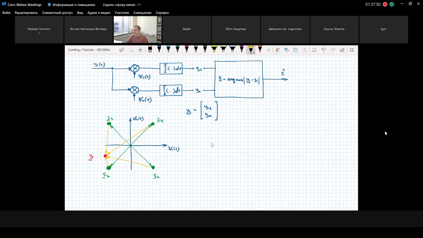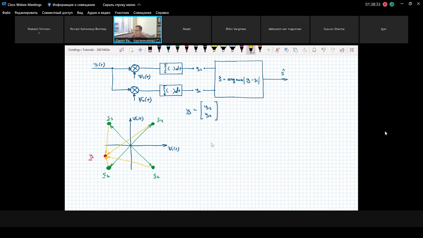And actually, what is our goal? Our goal is to calculate the length of each vector. So we have to calculate absolute value squared because we calculate length. But we remember that actually length is proportional to the absolute value of the difference between 2 vectors.